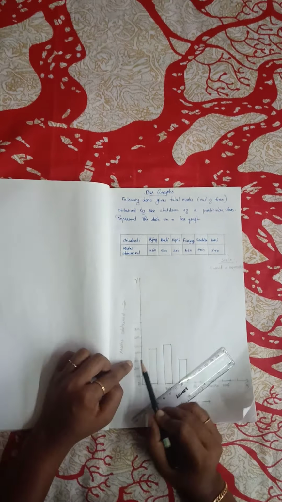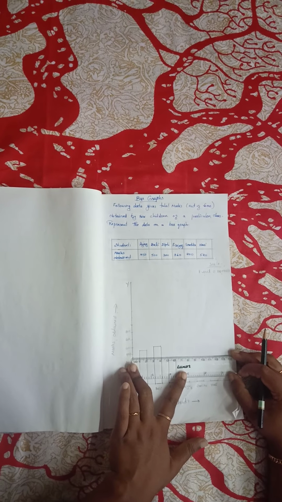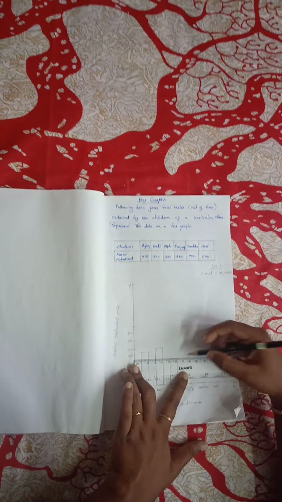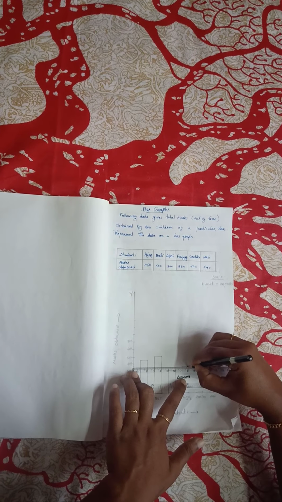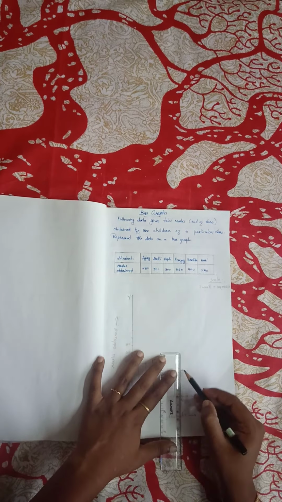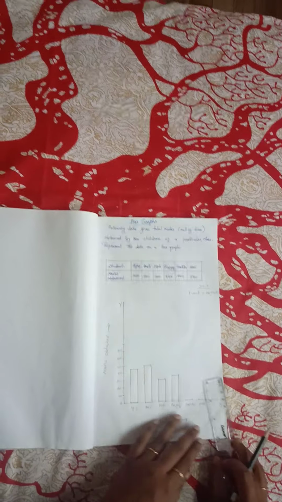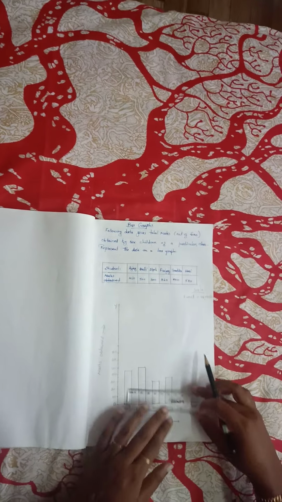So we take 1 centimeter, and a bit more than half, and we join these two. Next one, Geetika 400.